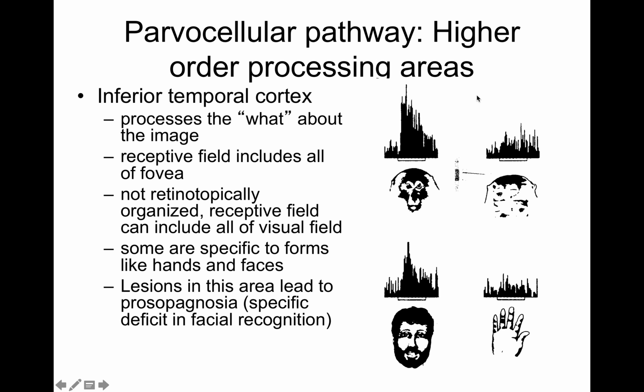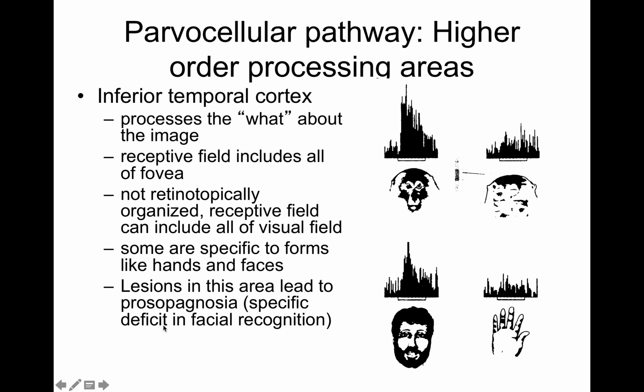So this structure and organization is happening pretty readily. This is hardwired in a lot of ways, and it helps us process the what about the image. Lesions in this area can lead to what's known as prosopagnosia, a deficit in facial recognition. So this is the kind of area that can be damaged here.